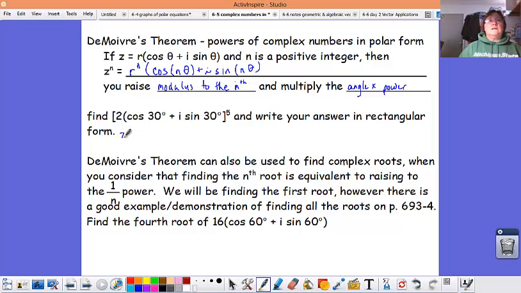So our number to the fifth will be 2 to the fifth. 2 to the fifth is, let's see, 2, 4, 8, 16, 32. So it's 32 times the cosine of, and then multiply exponent times angle, 150, plus I times the sine of 150. And there you have it.